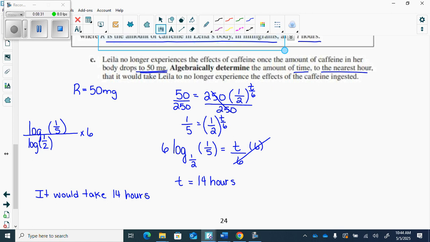It would take 14 hours for Layla to no longer experience the effects of caffeine ingested.